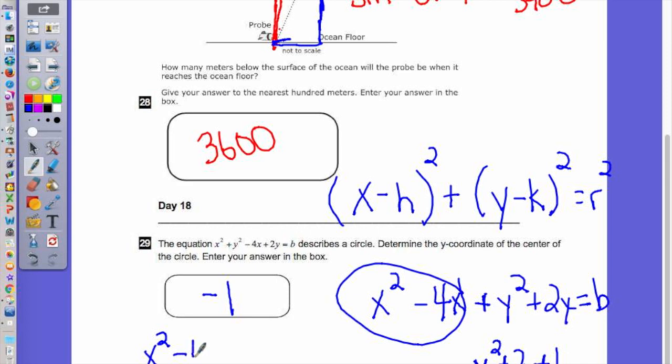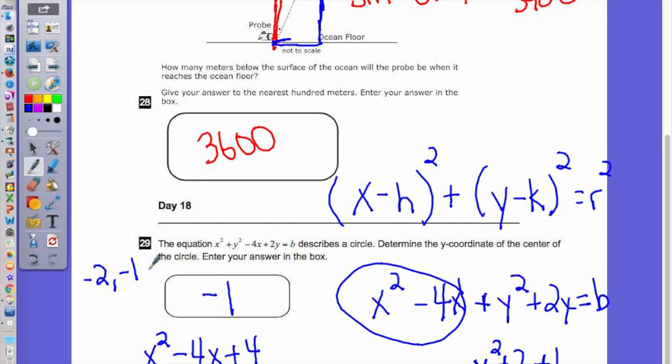X squared minus 4x. You take half of the b term, what's half of negative 4? Negative 2, and you square it. 4. And when you put that into parentheses, it's x plus 2 quantity squared, right? So the center of the circle would actually be negative 2, negative 1.